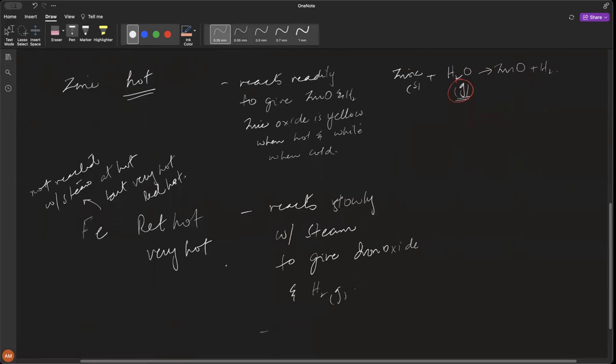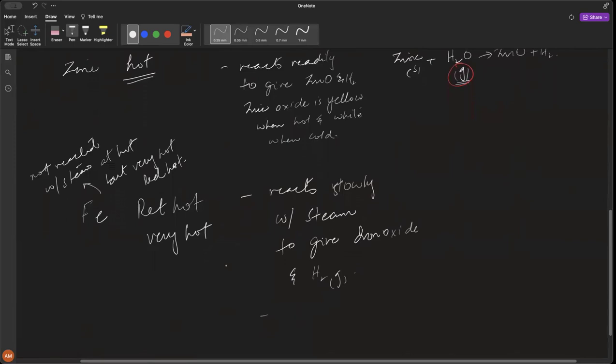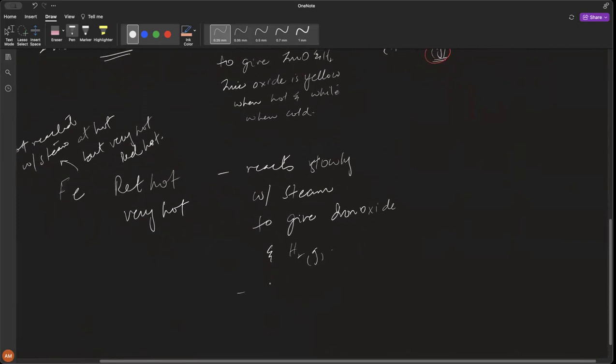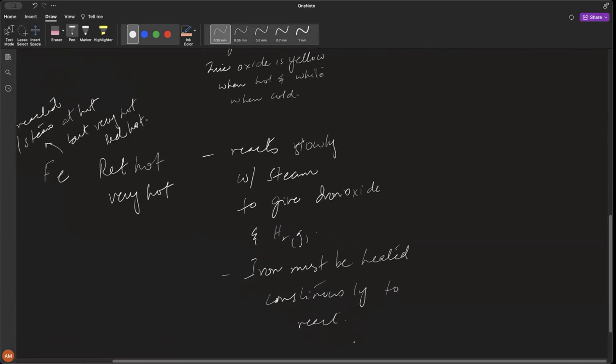And iron must be heated continuously to react. If it is not being heated continuously, it will not react.